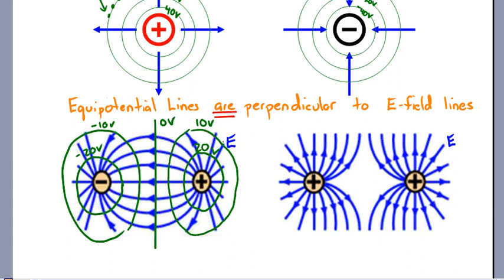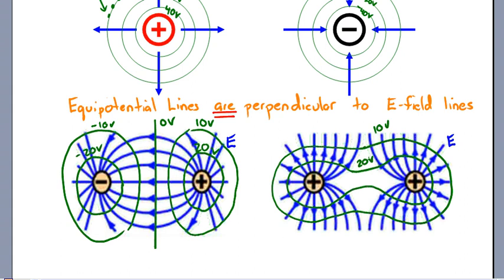Here, it's going to look kind of like a peanut, right? Maybe like this. Maybe this is a 10 volt line, and maybe this is a 20 volt line. It's just an issue of doing your best to draw lines that are perpendicular to the electric field.